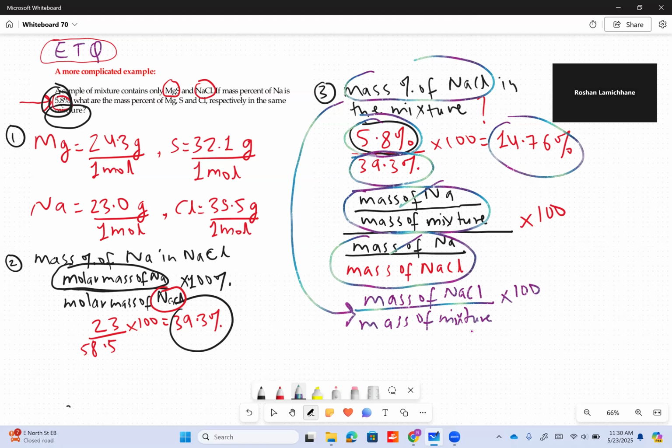All right. Now, am I done? No, because our goal is to find the mass percent of magnesium, sulfur, and chlorine. But this percentage will help us figure it out. This is the mass percent of NaCl in the mixture.